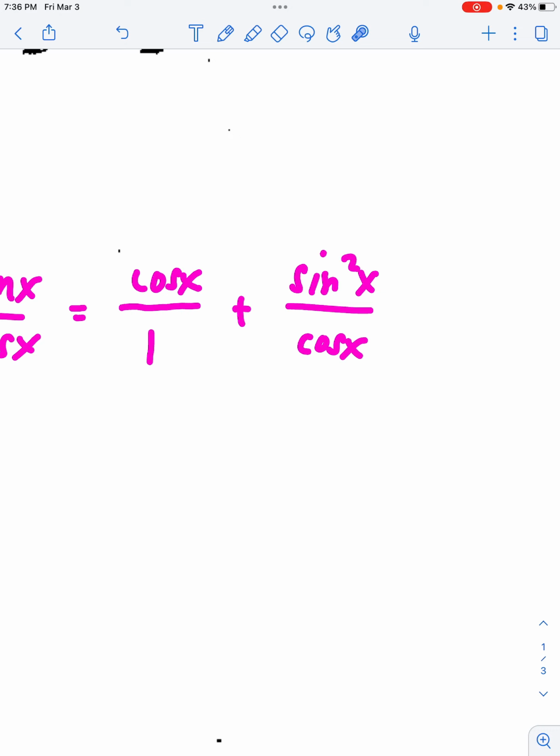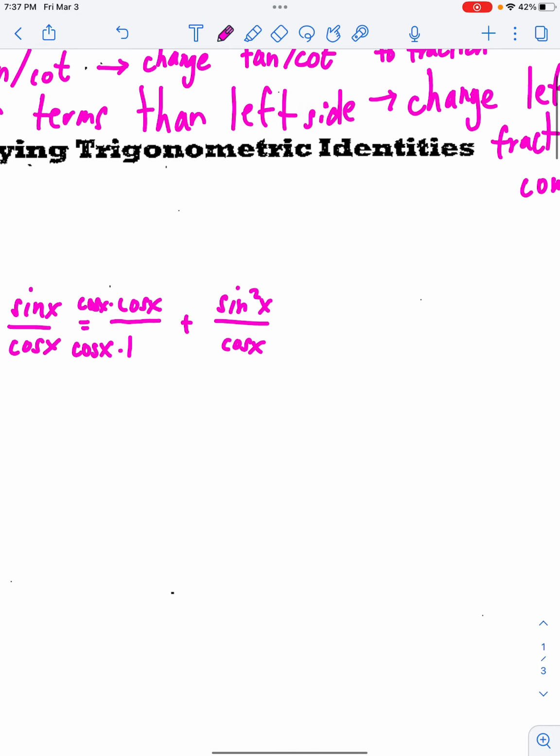For these trig problems, I'm not just dealing with numbers, I'm dealing with trig symbols, so my common denominator is just going to be my two denominators multiplied together, which is cosine. So I need to multiply the left term by cosine x over cosine x. That gives me cosine squared x plus sine squared x all over cosine x.